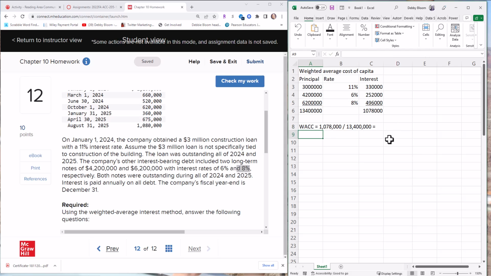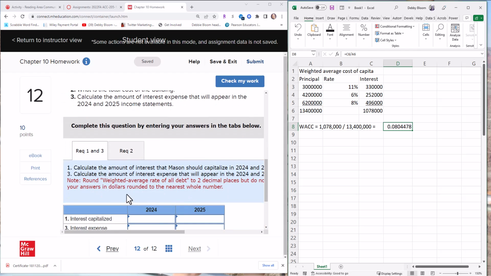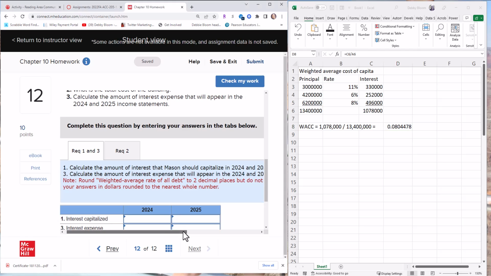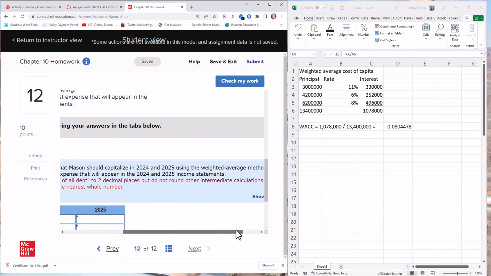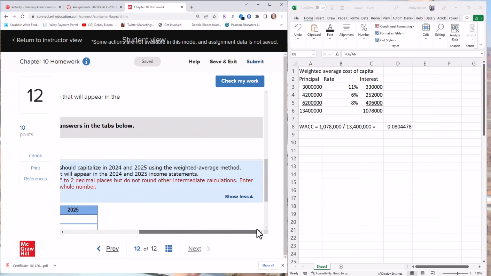So to calculate that, I'm just going to take the $1,078,000 and divide by the $13,400,000, and we're going to assume that all of our interest is at a rate of 8.04%. So we're told to round the weighted average rate of all debt to 2 decimal places, but do not round other intermediate calculations.